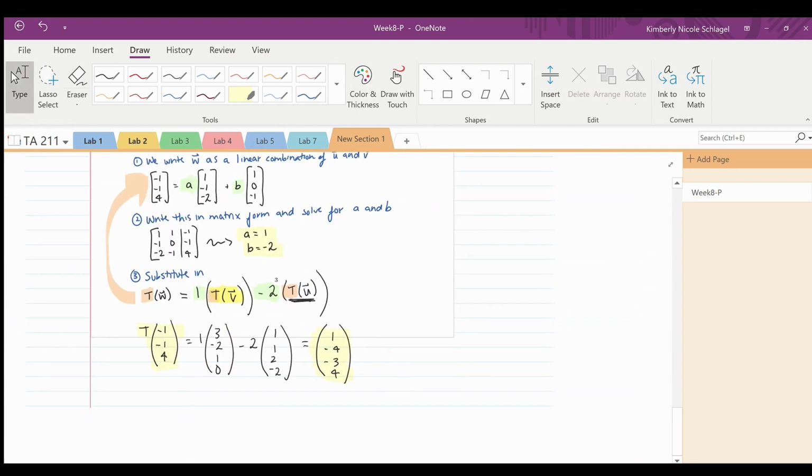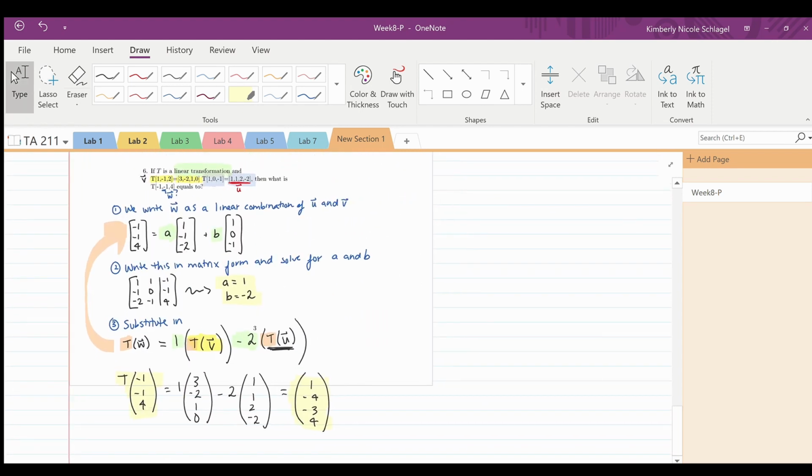So you're going to just follow these steps if you're given this type of question. First, you want to write W as a linear combination of the other two vectors you're given here, not the ones that have undergone a transformation, but what they were before the transformation.